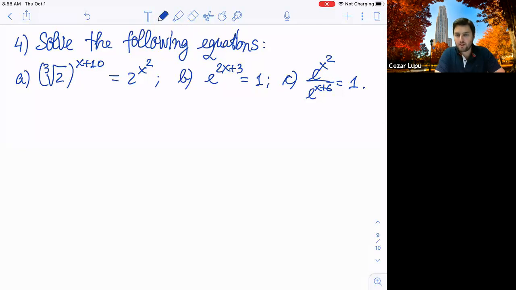Well, they're not hard to solve, but I would like you to look at them for a couple of minutes, well, for a minute or two. All right, let's see. Let's see the first one.